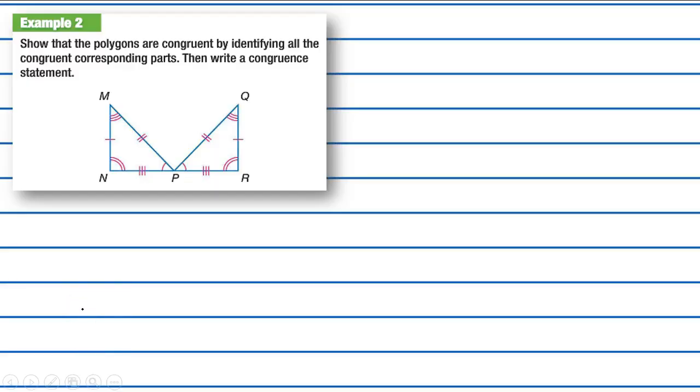Alright, so now let's go over example 2. We want to show that the polygons are congruent by identifying all congruent corresponding parts, then writing a congruence statement. So we have this angle here, QPR, which is congruent with angle MPN.